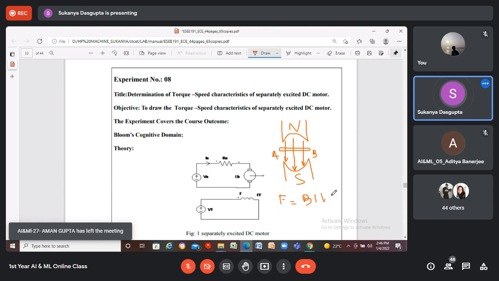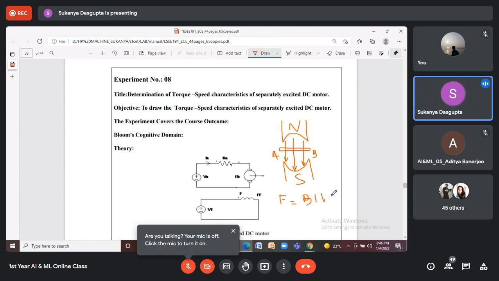Okay. So, as per the working principle that I have just explained, if a current carrying coil is placed under a magnetic field, it will start its rotation.